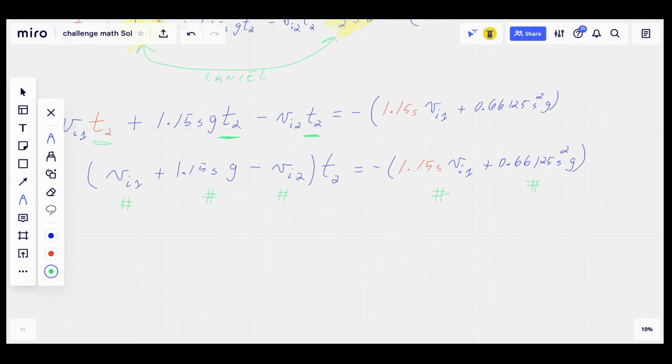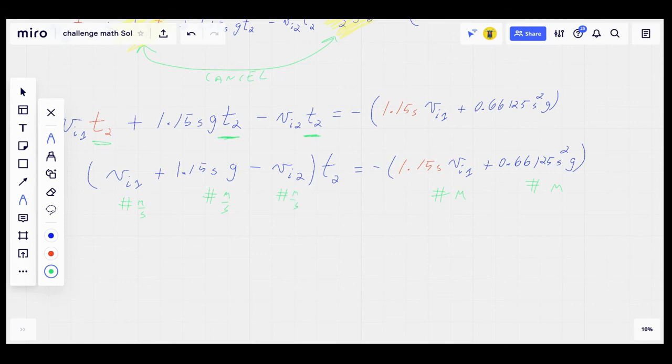Now, seconds squared times gravity, so that would be seconds squared times meters per second squared. That's going to end up being meters for the unit. Seconds over here, 1.15 seconds times 15 meters per second will give me meters. Now, on the left side, I'm going to have meters per second plus seconds times meters per second squared will be meters per second. So the units here are meters per second, and then the last one will be meters per second.